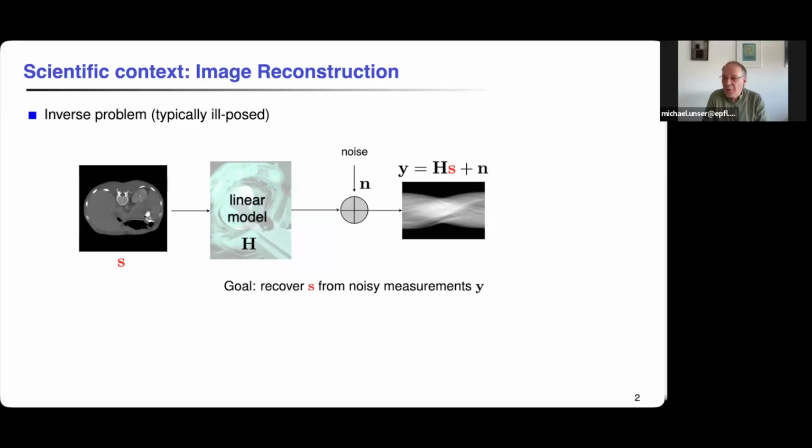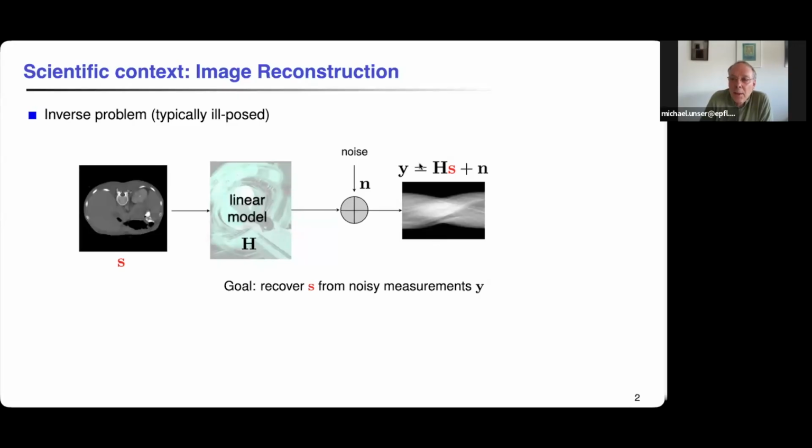Okay, so the context is computational imaging, so reconstruction of images, and maybe just to describe the problem. Here we want to reconstruct, let's say, a slice of the body. We have observations through an X-ray scanner, which gives us measurements which are samples of the Radon transform, so projections.